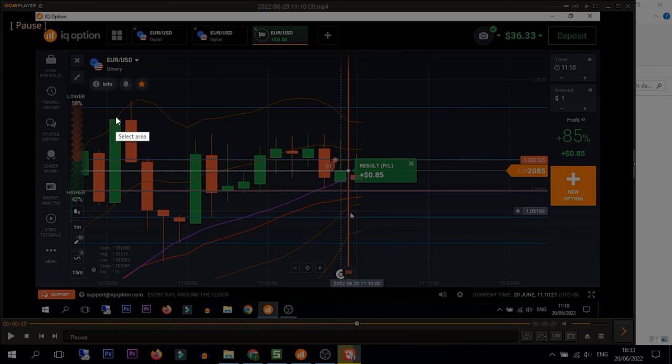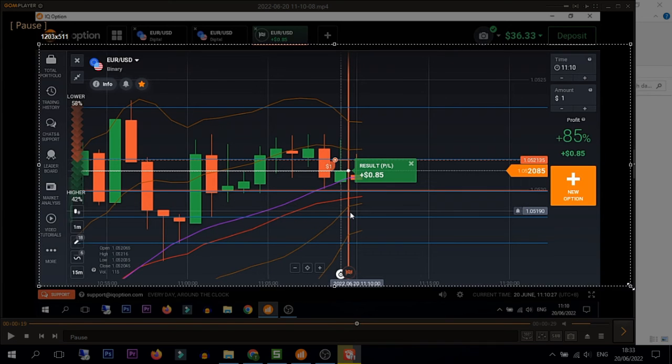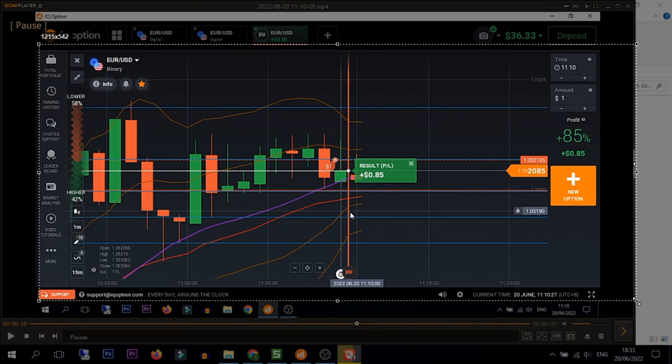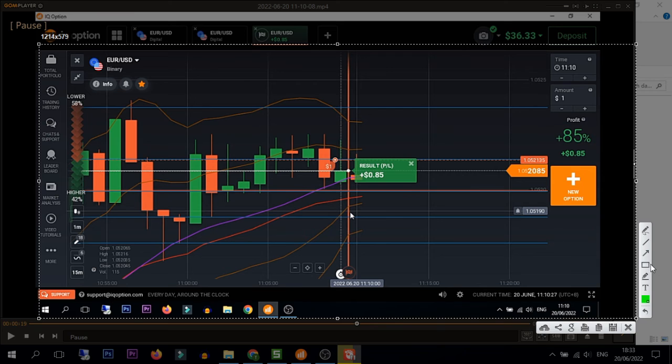So now I will tell you something based on the experience like this. This is the round number. Okay, in my support and resistance process, after the round number, okay, there is always the level of 23.6 somewhere here.